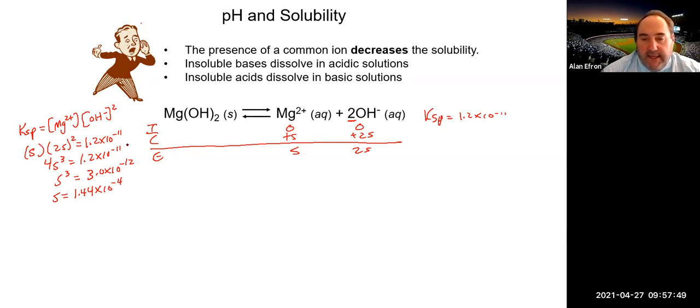So that calculation, again, is a basic KSP type calculation. It does give us a couple of things that are important in terms of pH. Obviously pH is minus the log of the H plus. We don't have H plus here since we're dealing with a base, but we can look at pOH, which is minus the log of the OH minus.